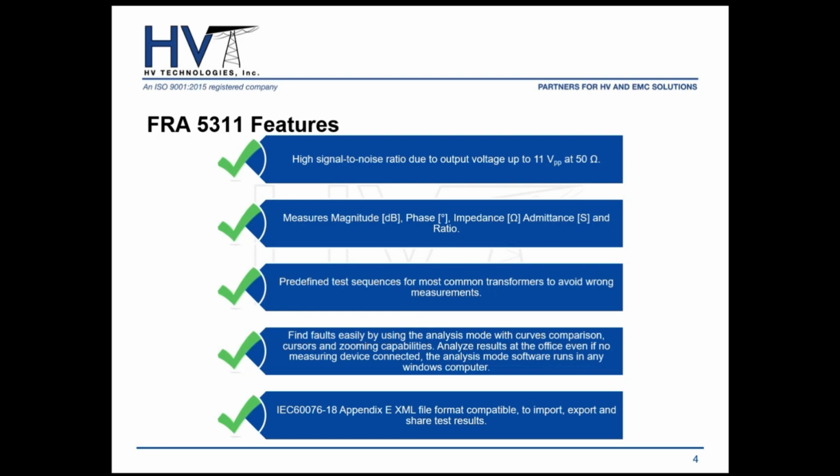It will measure the magnitude, phase, impedance, I'm sorry, admittance, and ratio. The software comes with predefined test sequences for the most common transformer configurations, so it's easy to set up and guides you through so that you avoid making any wrong measurements.